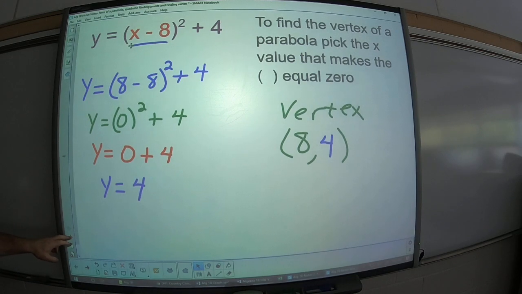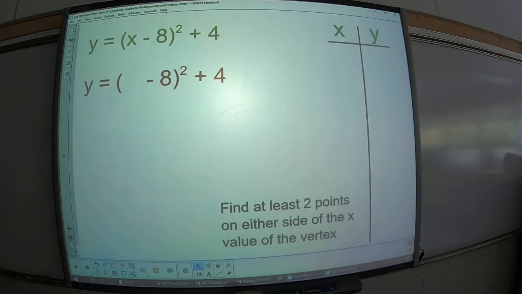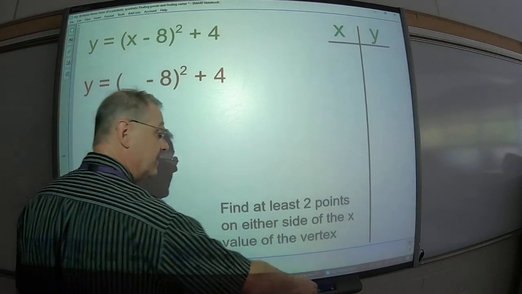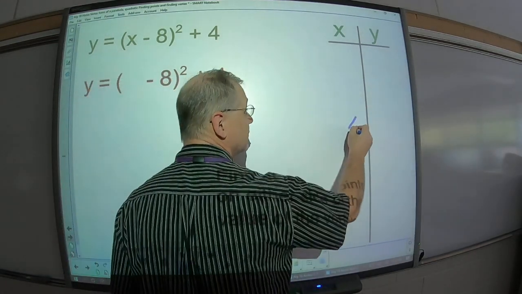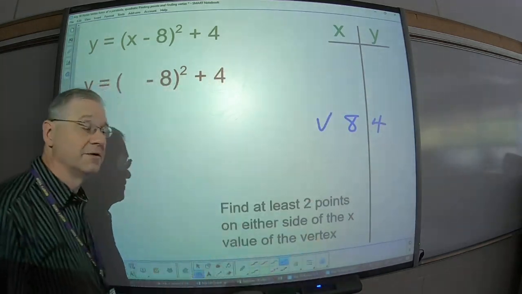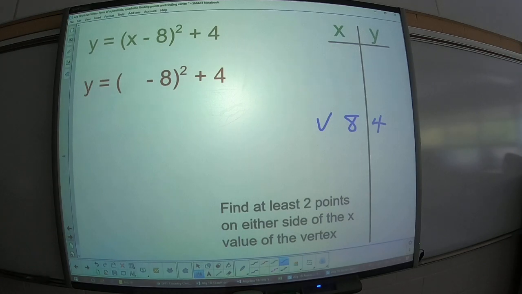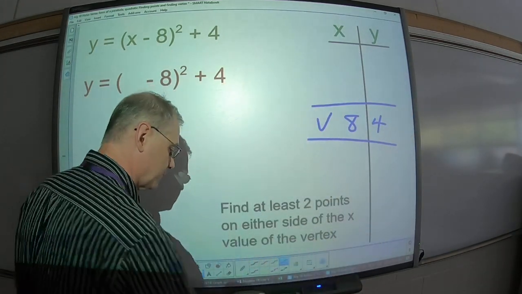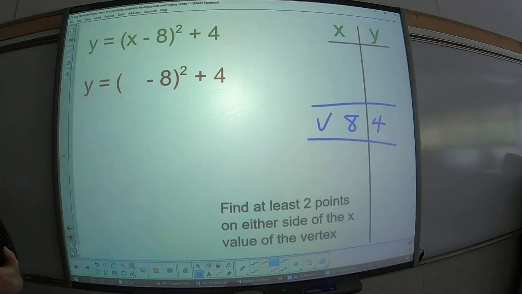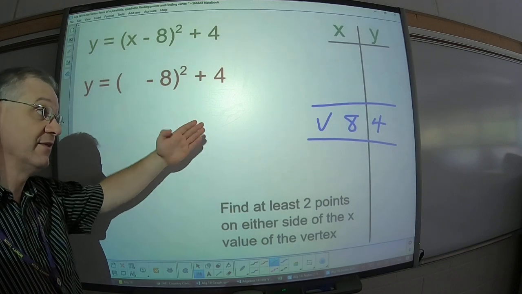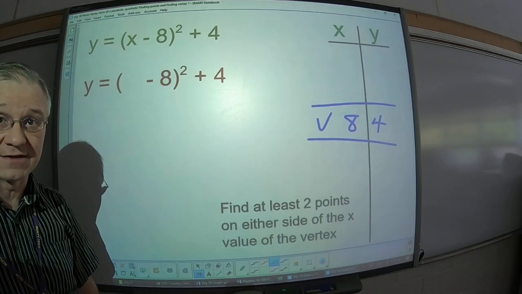All right, now we're going to find some points. We already know from the previous slide that 8, 4 is our vertex. I'm just going to put a little v there to remind me that that's my vertex. So what I want to do next is find at least 2 points on either side of that vertex.